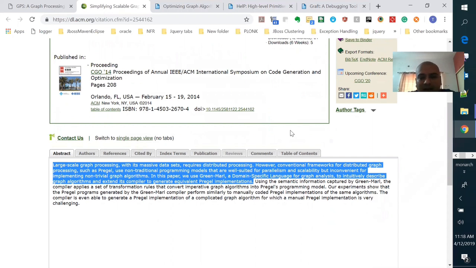However, conventional frameworks for distributed graph processing, such as Pregel, use non-traditional programming models that are well suited for parallelism and scalability, but inconvenient for implementing a non-trivial graph algorithm. So instead, this paper suggests using a domain-specific language like Green-Marl, which intuitively describes a graph algorithm, and extends its compiler to generate an equivalent Pregel implementation.